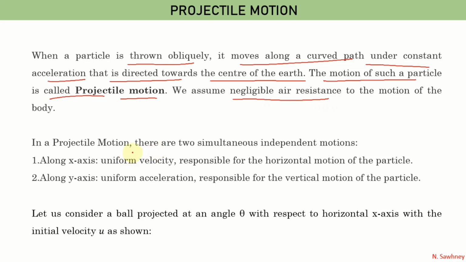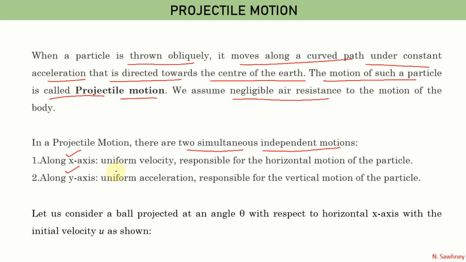In projectile motion, there are two simultaneous independent motions. One is along the x-axis and another is along the y-axis. When the particle is in air, the only force acting on it is due to the acceleration due to gravity. This acceleration due to gravity is vertically downwards.